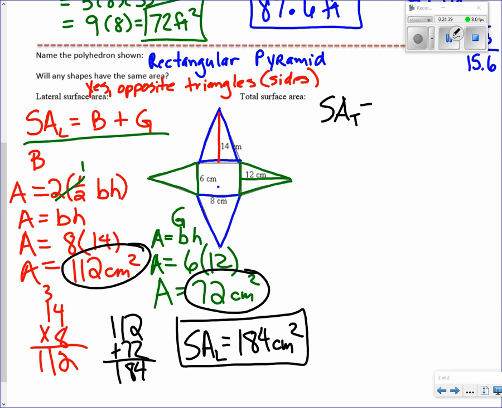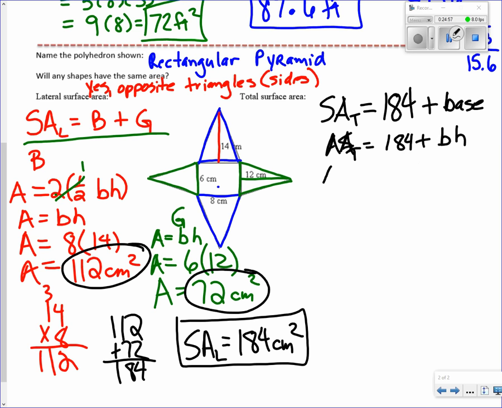Okay, so now it asks us for the total surface area, and we know our total surface area is this lateral, right? 184 plus our base. Our base is a rectangle. And so that is going to be base times height.